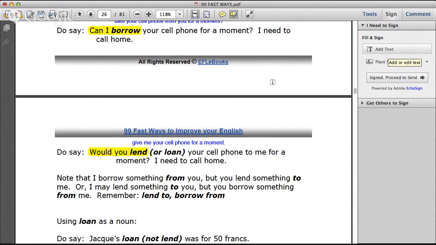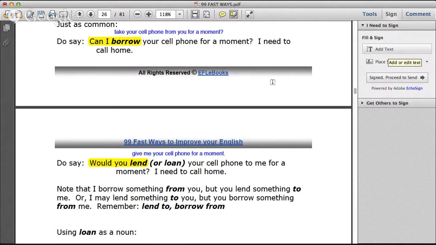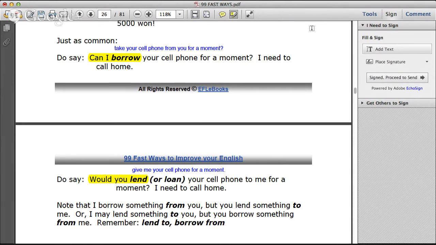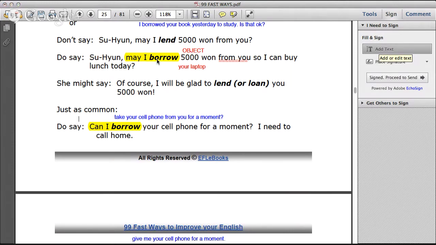Now, what's more polite: can I borrow your cell phone, or would you lend me? The more polite would be would, but you can also say could I borrow, and that's polite. You can change out can for could, and it would be just as polite. It just has to do with that first word.